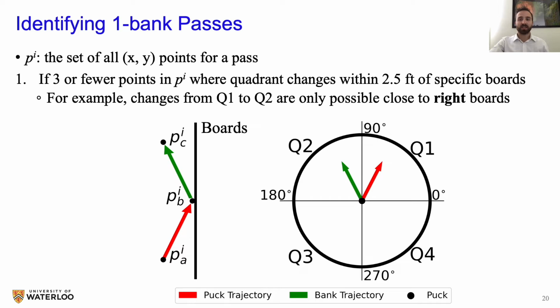After contact, the movement vector would traverse the 90-degree threshold and then be located in quadrant 2. If 3 or fewer points are involved in a traversal over the quadrant thresholds of a unit circle, the pass is classified as a one-bank pass. In this example, these 3 points would be PIA, PIB, PIC, and the traversed threshold would be 90 degrees.